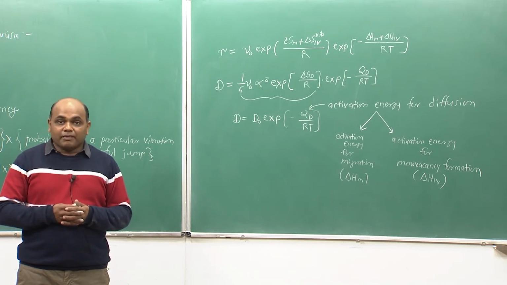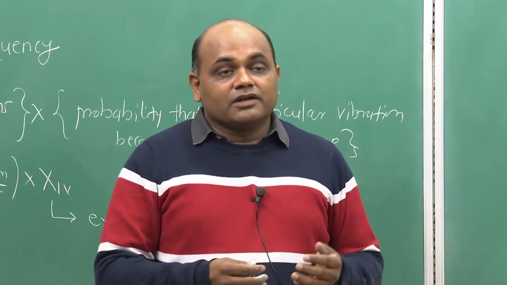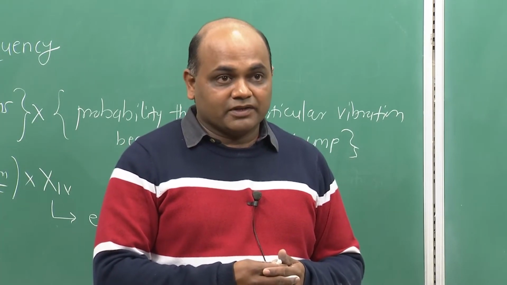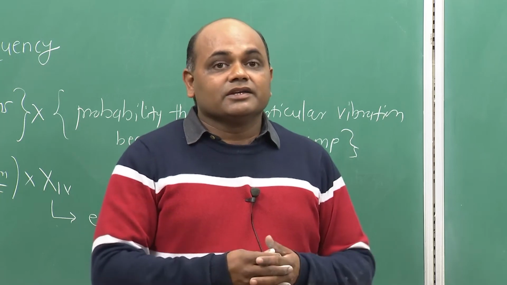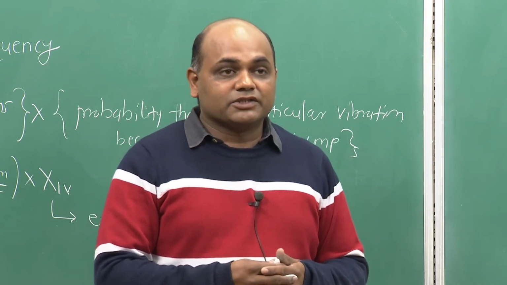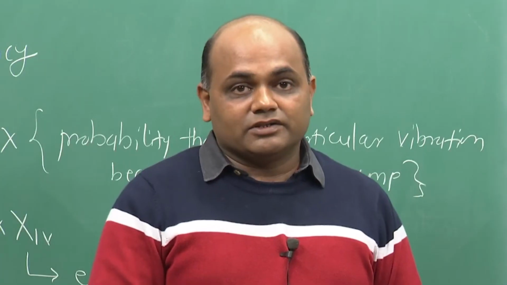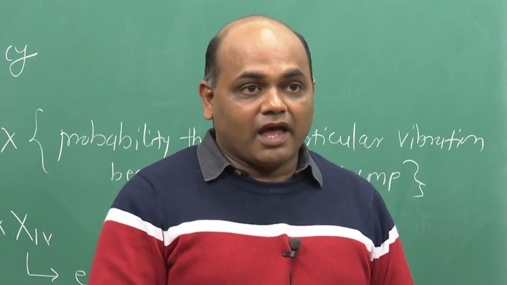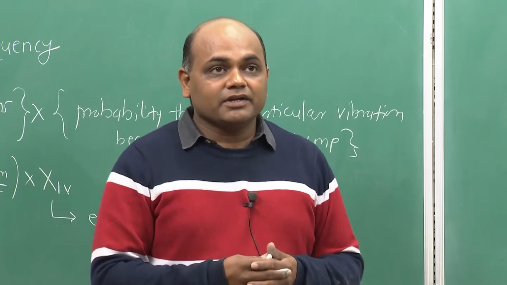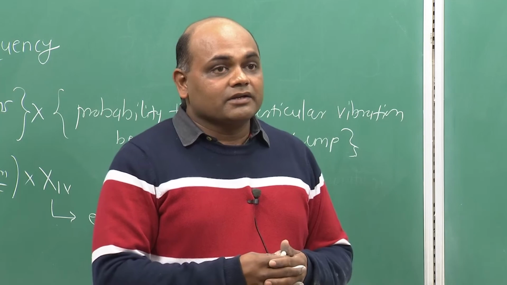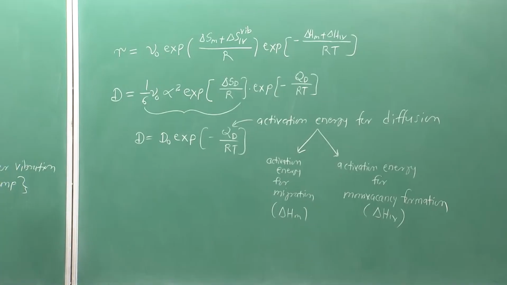So, it will occupy the regular atomic sites in the parent lattice. So, we refer to it as the solute atom substitutes the parent atom. So, it is called the substitutional atom, and such a substitutional atom jumps from one regular atomic site to the other by vacancy mechanism. This is called substitutional diffusion.